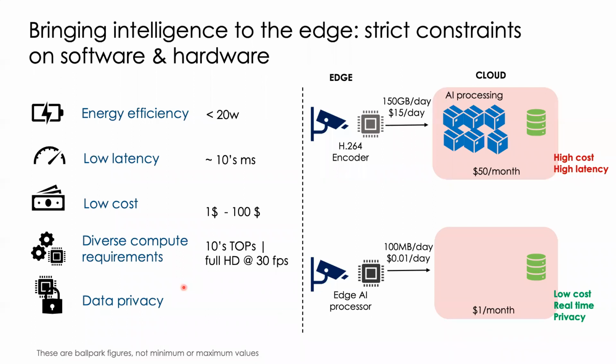Now you can't do this at the expense of enormous energy. So you not only need diverse compute requirements with large numbers of, or trillions of, operations at full HD resolution, you also need to have a strict budget of your energy consumption. I should make it clear that these numbers are definitely not minimum or maximum values. These are ballpark figures, but these are the numbers that you would typically look at when you're deploying a solution on the edge.